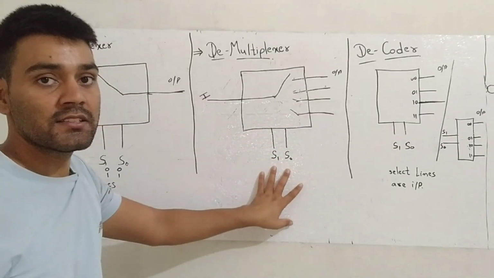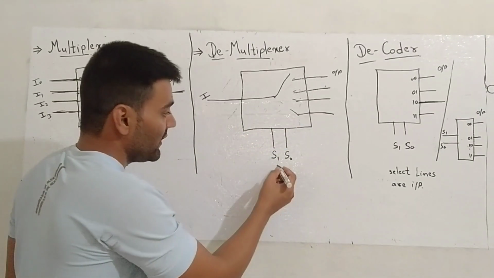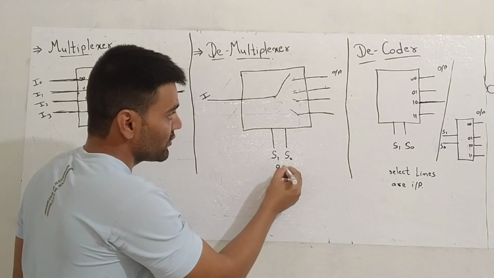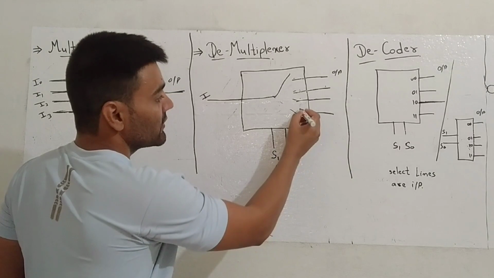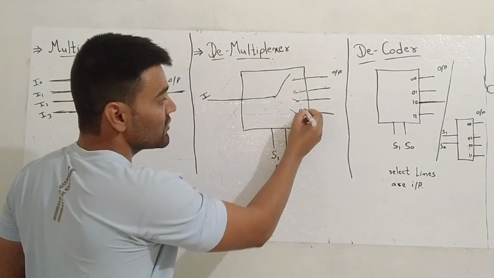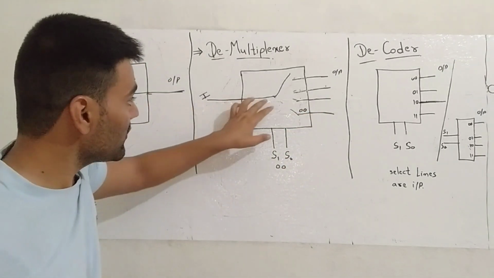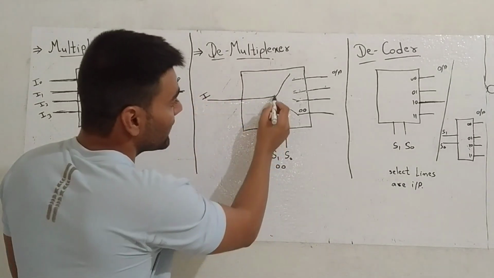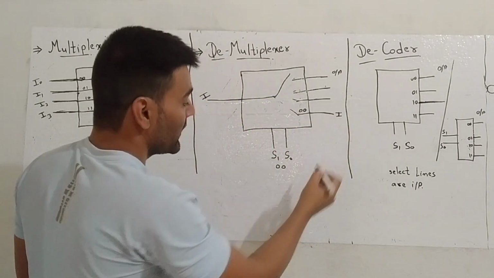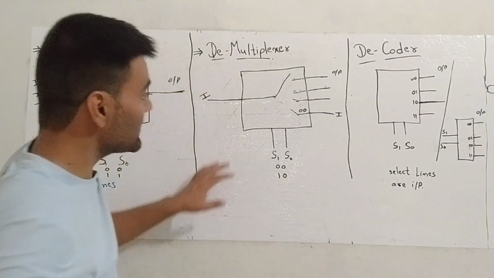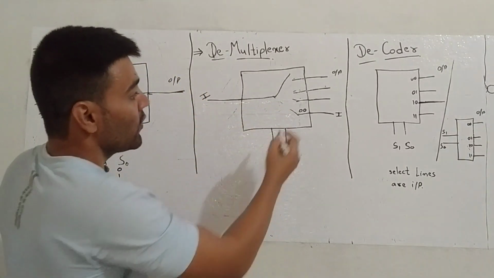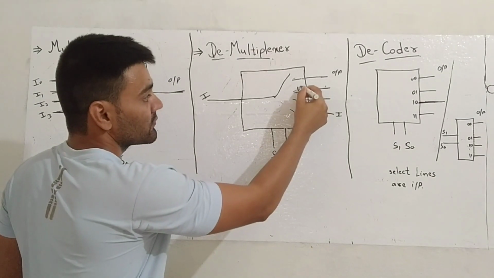that input will be on one of multiple output pins according to the select lines. For example, if I am giving 0 0 here, so this input I will be on, suppose this is the 0th line, the 0th line. Suppose the select lines are 1 0, then this input I will be on the 1 0 line.